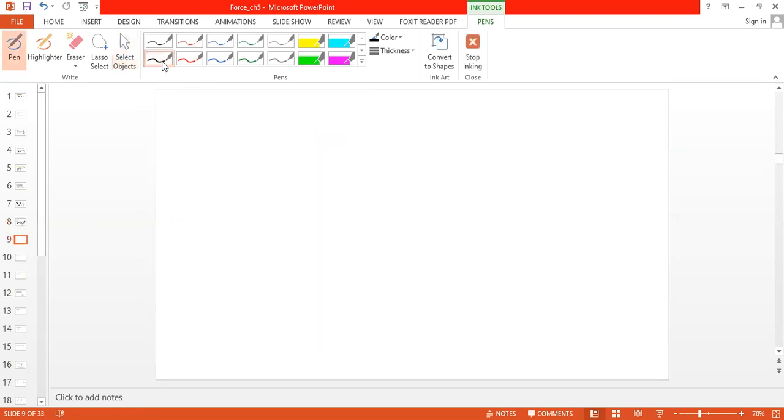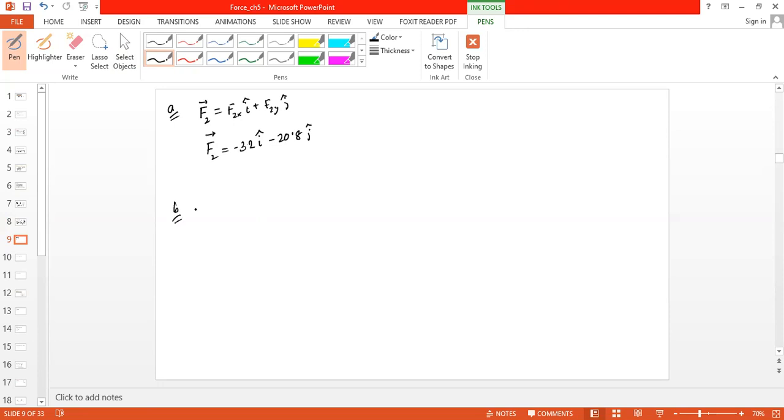So my F2 is equal to F2x i plus F2y j, which means minus 32i minus 20.8j. So this is what they were asking for. This is the vector F2 in unit vector notation, okay?